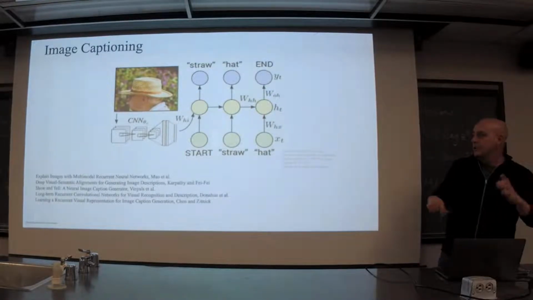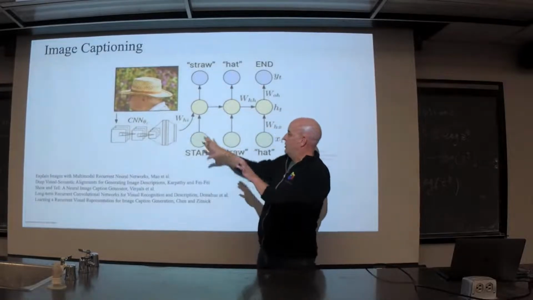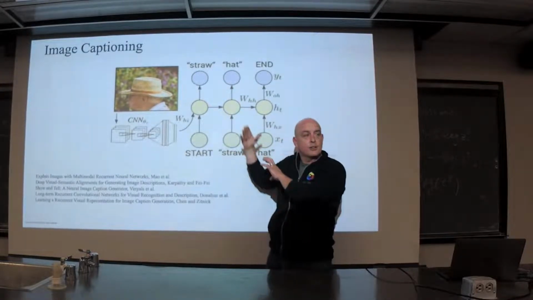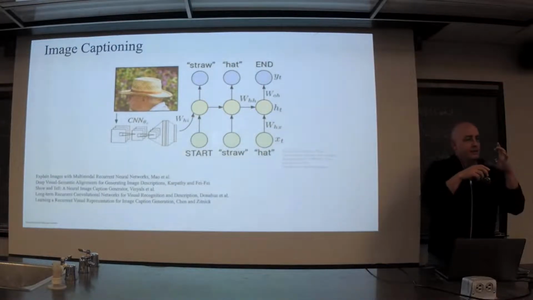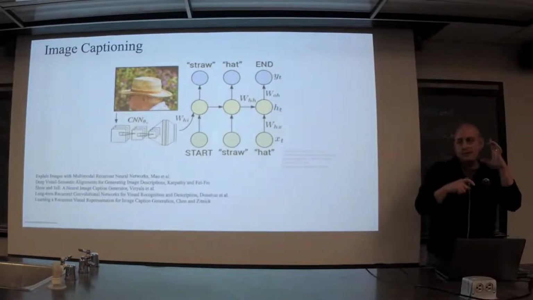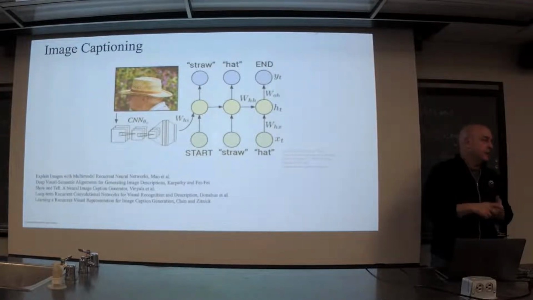When this thing starts learning to produce the next, in this example no longer the next character but the next word, that hidden state is conditioned on the content of that image.